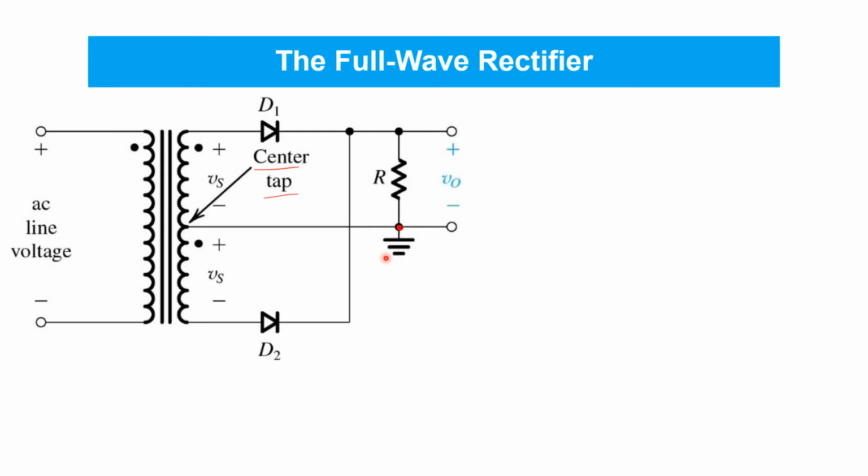Each half of the secondary winding produces its own source voltage Vs, and the polarity of Vs is indicated by the location of the dots in the secondary windings.